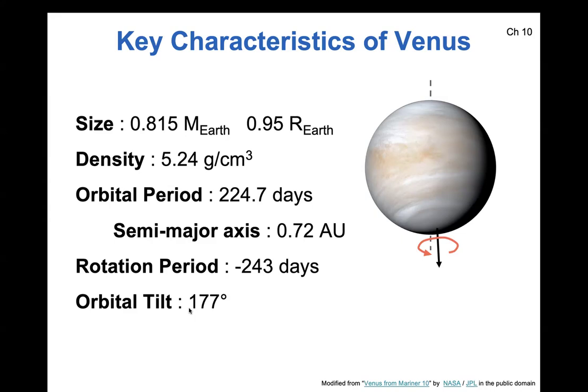The last thing that ties this all together, and that I'll say, because obviously I'm talking about this for a long time, is that the combination of these two make the orbit unusual. And what I mean by that is that if it wasn't for the axial tilt, if these two numbers, 243 and 224.7, were the whole story, then we would just say that Venus is tidally locked to the sun, because it would be.